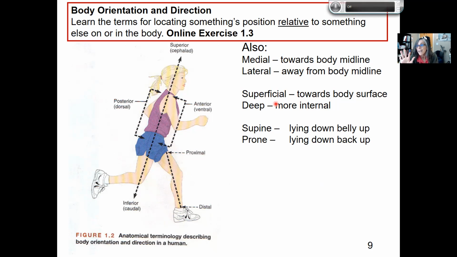So you could say that the skin lies superficial to the bones in the hand. Technically you would have a specific bone, like the phalanges, which are the bones of the fingers. There's several different types, but just phalanges. Or you could have the metacarpals, which are the bones of the hand. So then you could say the metacarpals lie deep to the skin. There you go. We see it more so when we talk about the abdominopelvic cavity and the thoracic cavity.